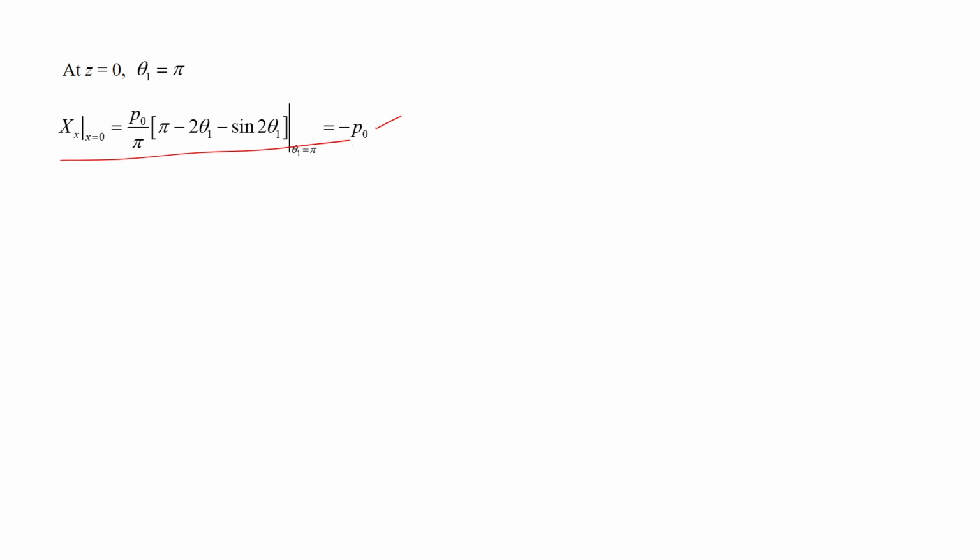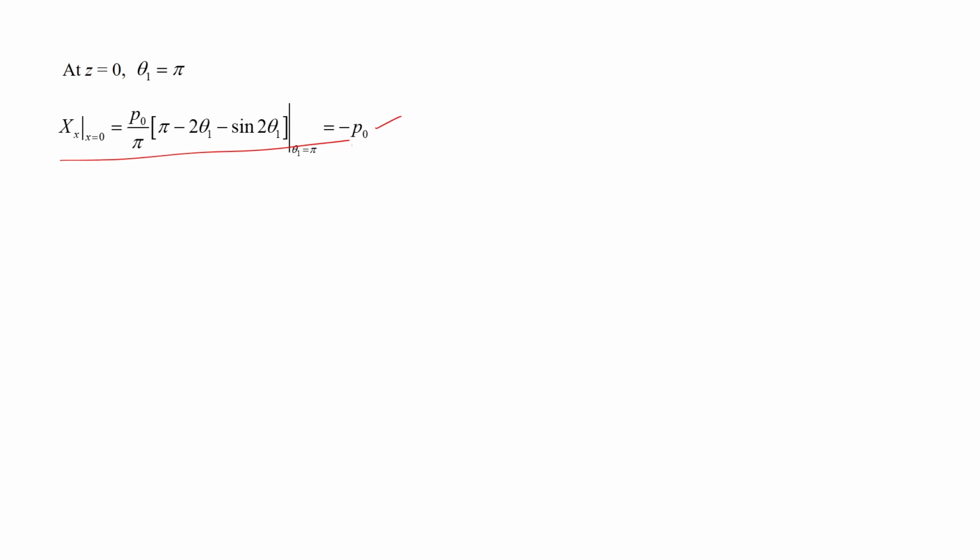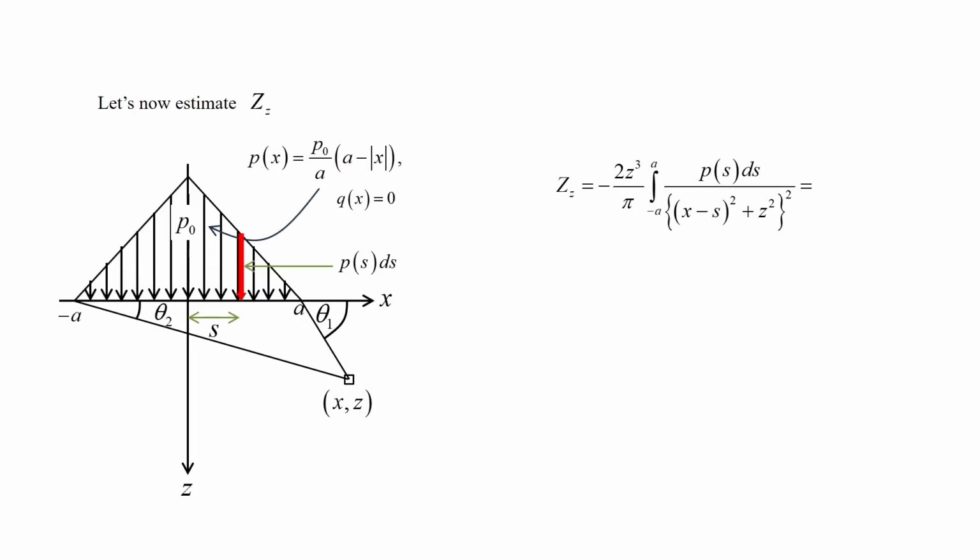So, at x equal to 0, the normal stress along the x direction is equal to the compressive load, and this is compressive. So, the stress is negative over here. Therefore, it is minus p 0. Now, let us estimate sigma zz.